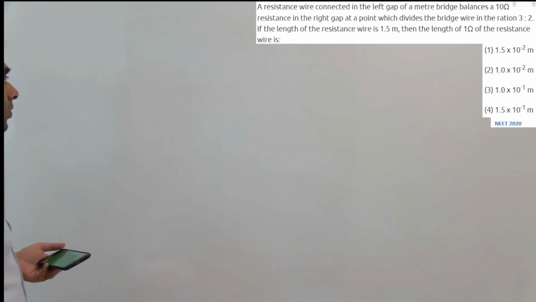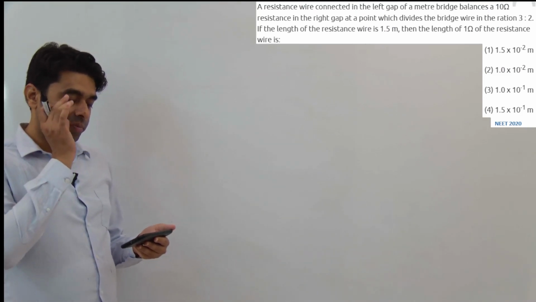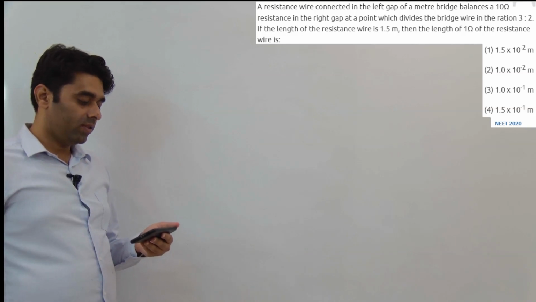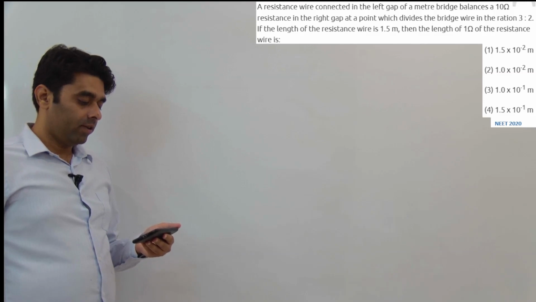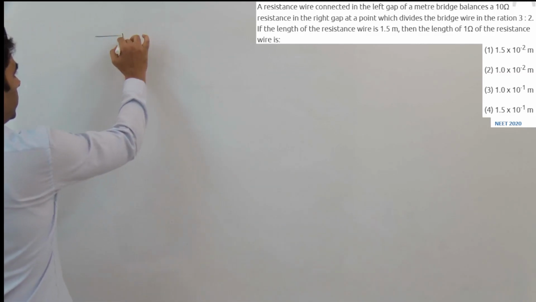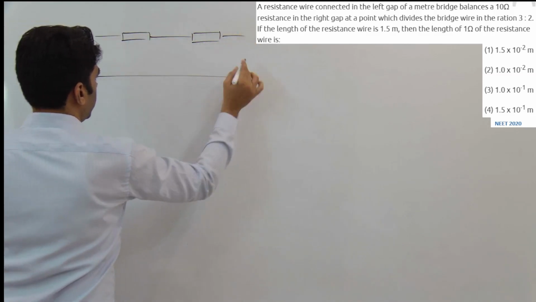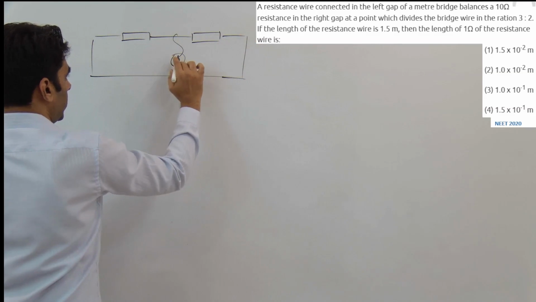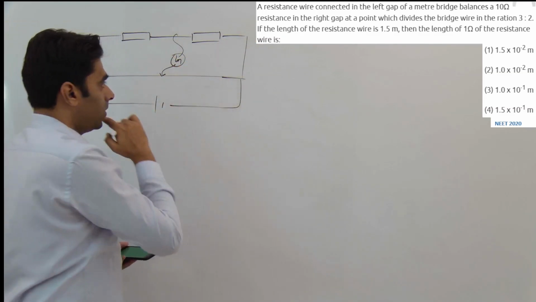So our next question is, a resistance wire connected in the left gap of a meter bridge balances a 10 ohm resistance in the right gap at a point which divides the bridge wire in ratio 3:2. Quickly let us draw the meter bridge setup. Two boxes, our meter bridge wire, a galvanometer, and a cell.